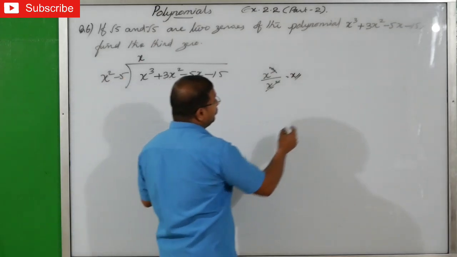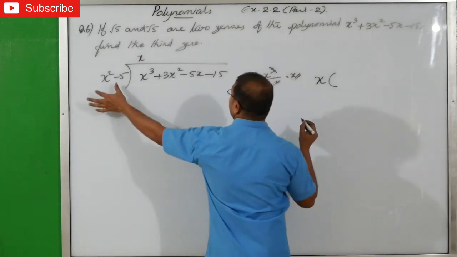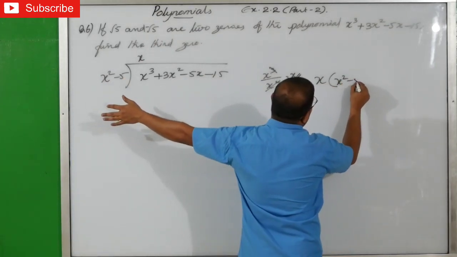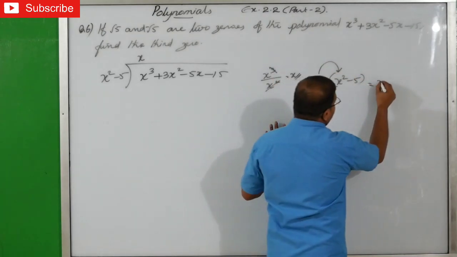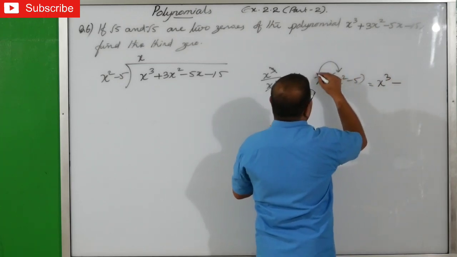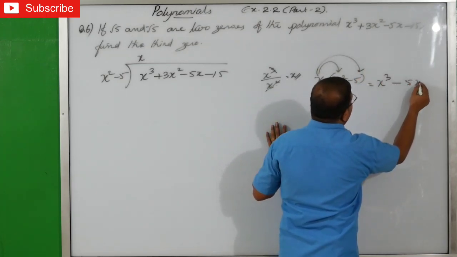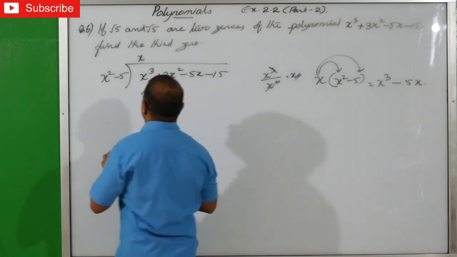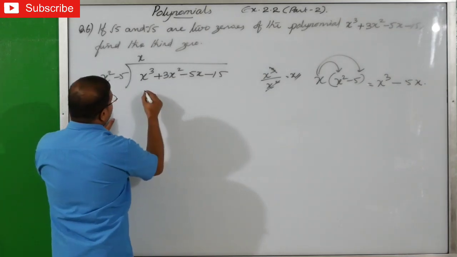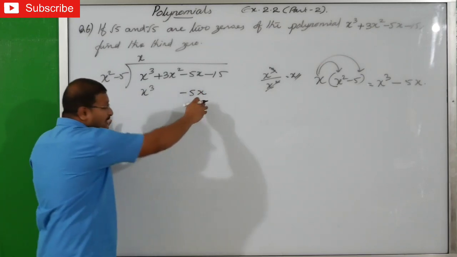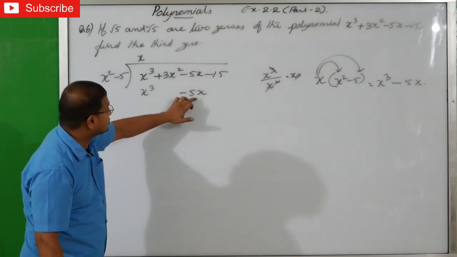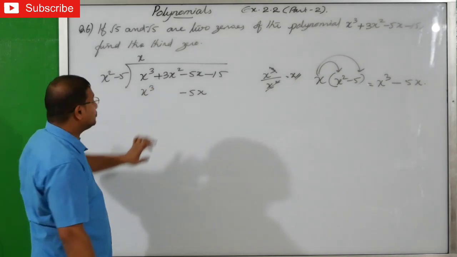After that what you will do? X into this one. What is that? X square minus 5. We will open it. X into x square, x cube minus x into 5, 5x. Ready? So we will write here. What will write? X cube minus 5x. Because of x, I am writing downside of x. Actually it is x square, isn't it?